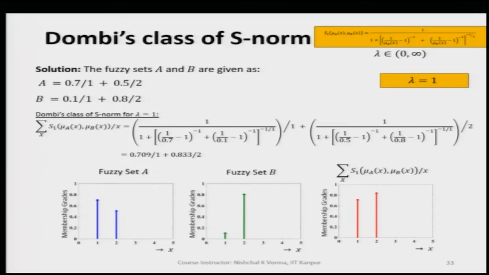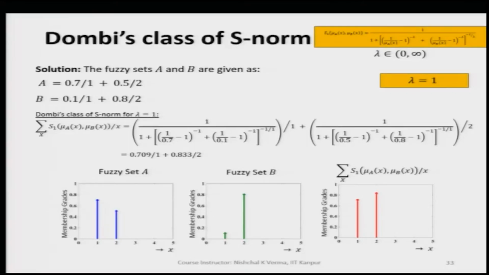When we use Dombi's class of S norm, we apply the expression that I just discussed, which is S lambda of mu A of x and mu B of x equal to 1 over 1 plus, 1 over mu A of x minus 1 raised to the power minus lambda plus 1 over mu B of x minus 1 raised to power minus lambda, and then whole raised to power minus 1 over lambda.